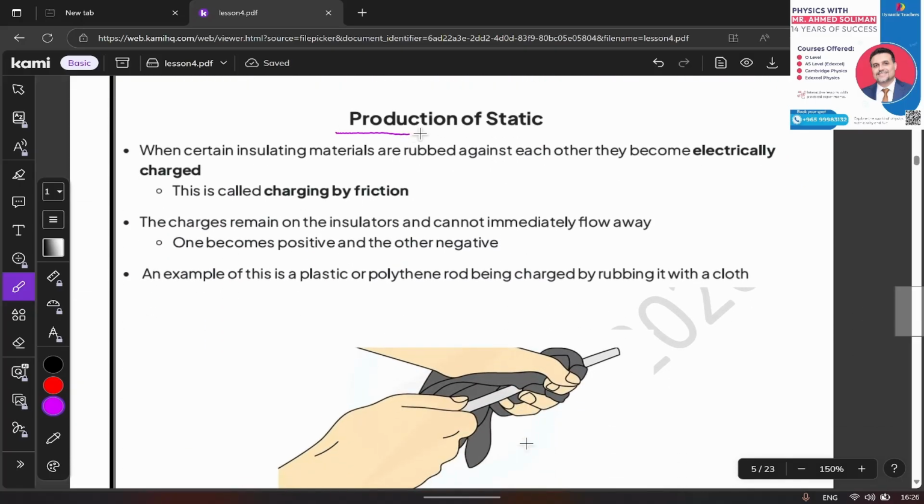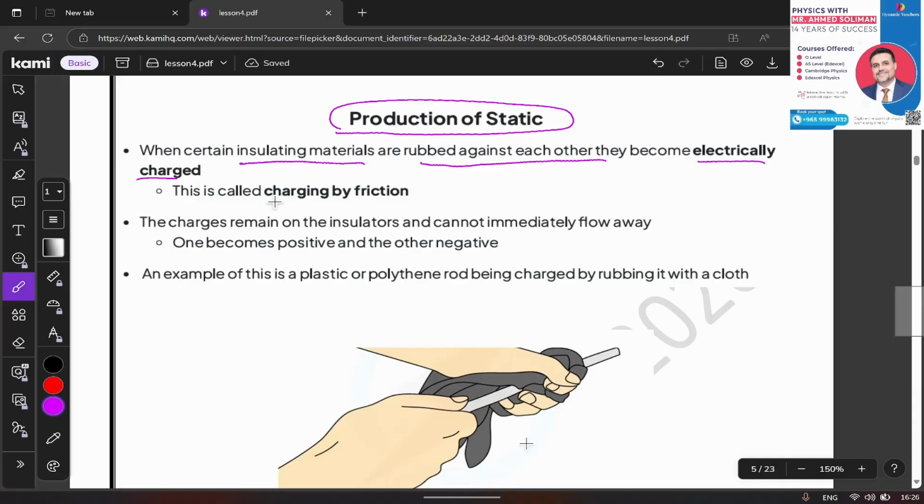Now production of static. If you need static electricity, you need an insulator. You need an insulator because an insulator doesn't have free electrons, so charge cannot flow through it. When certain insulating materials are rubbed against each other, they become electrically charged.